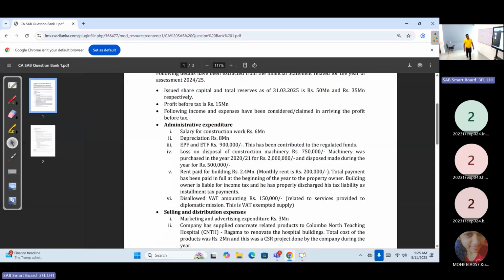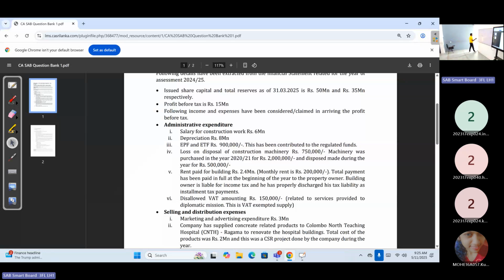Next, it says EPF and ETF. If the fund is approved, yes, we can deduct.